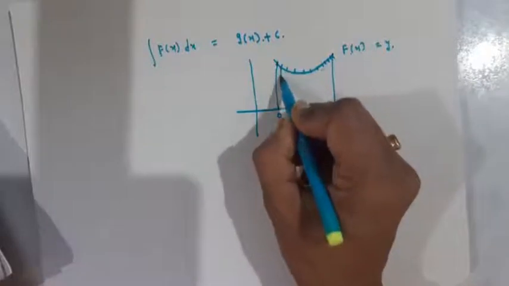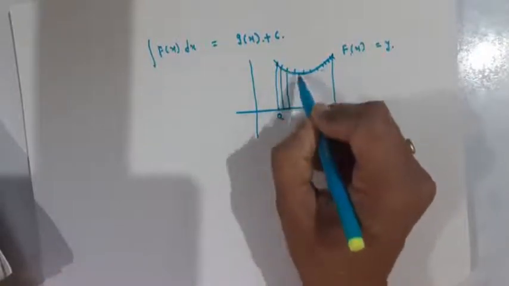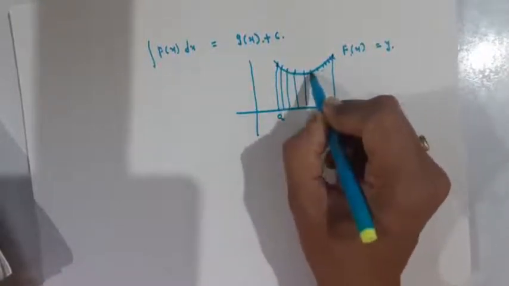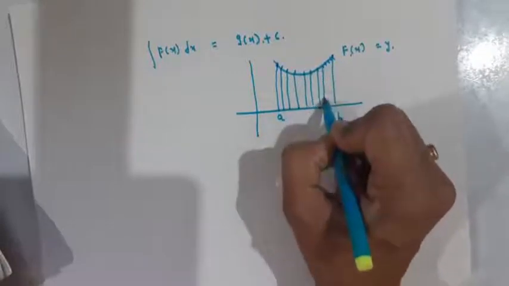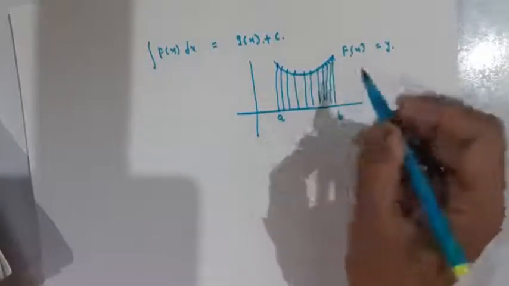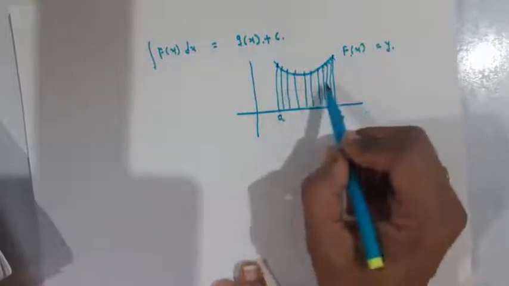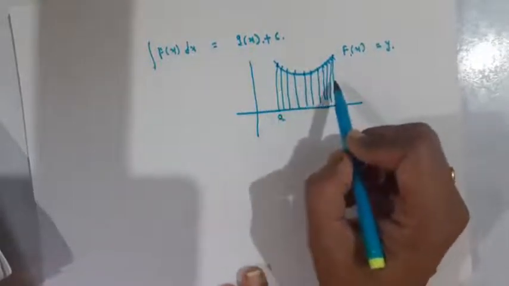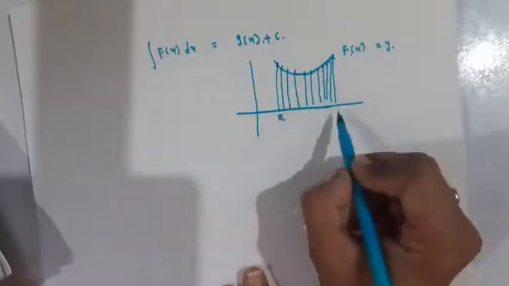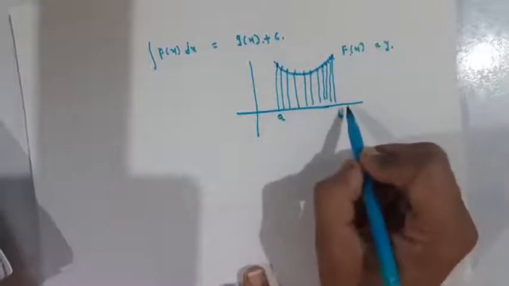Now suppose these are the small parts. In definite integration we have to add all the parts, means from point A to point B we add all points.